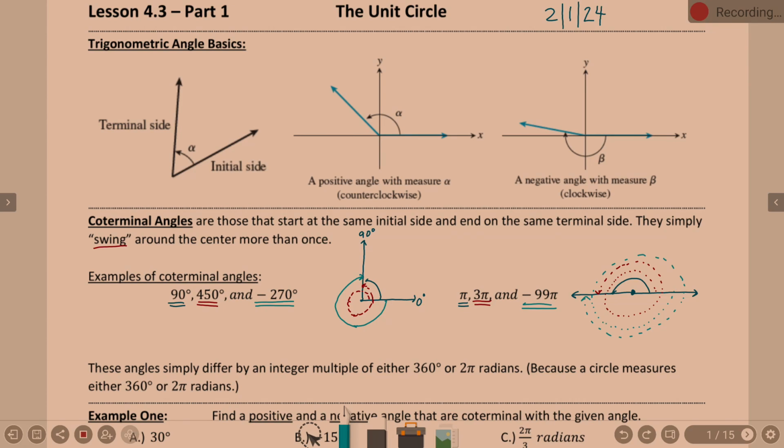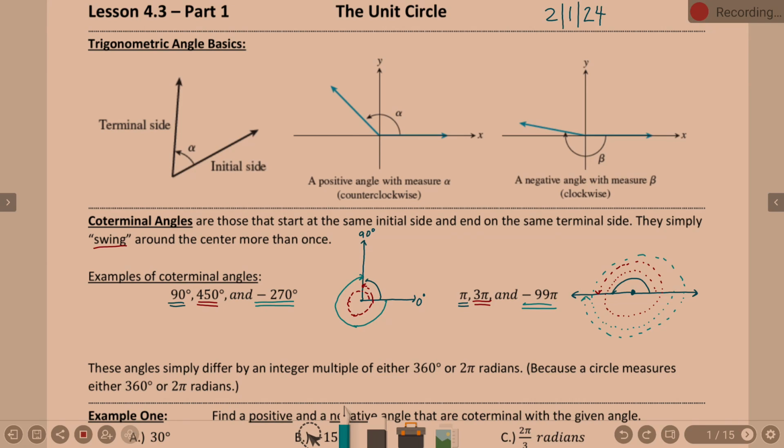What do you know about negative 99 pi? It's odd, isn't it? Every odd pi is going to be over here. Every even pi is going to be over at 0. Okay? So yeah, sometimes we can't really count all that out. So we have to use logic. Okay, are you with me?